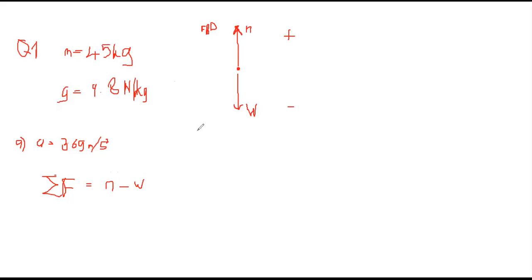W is the weight of the woman. We are just trying to find what this N is. N is what is recorded on the scale. So F would be equal to N. We don't know what N is, minus what is this force?